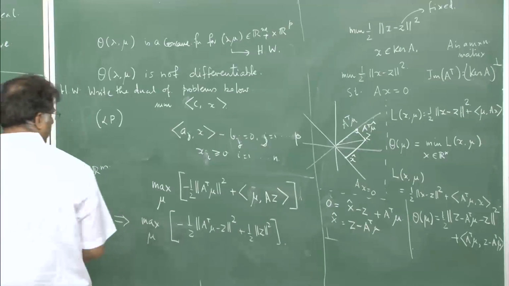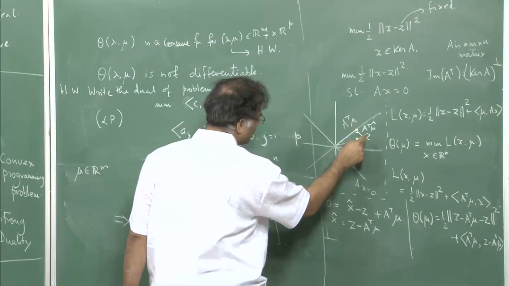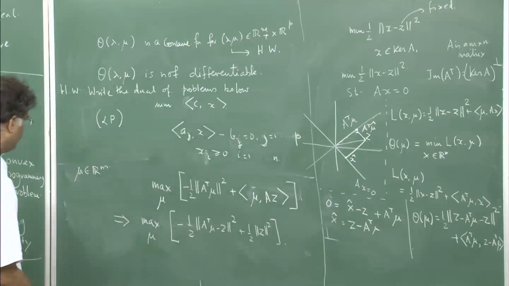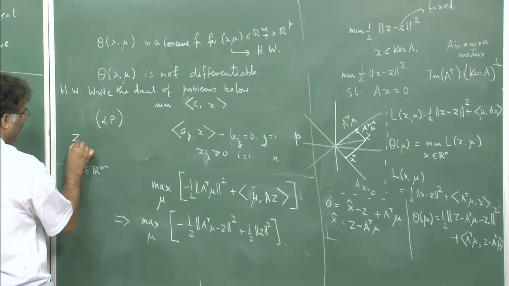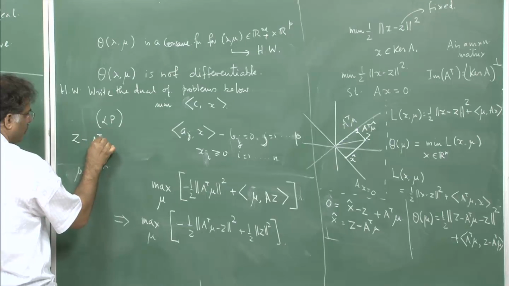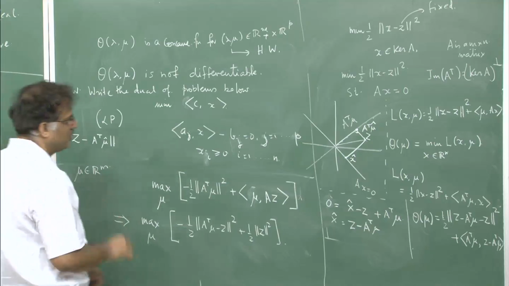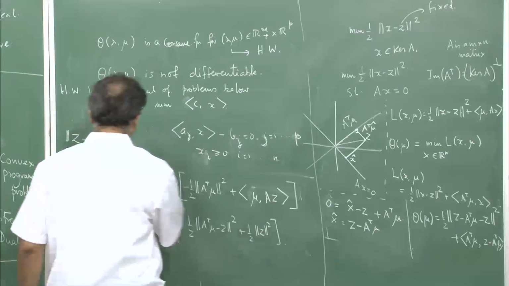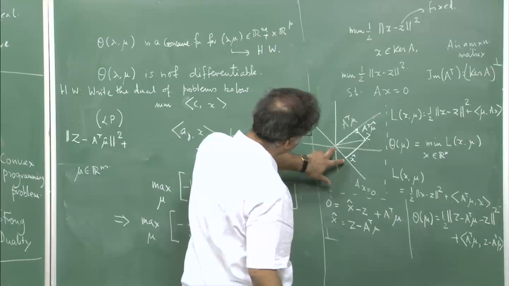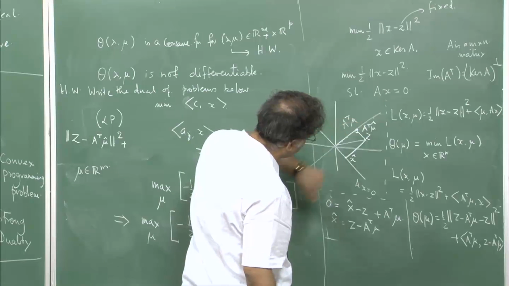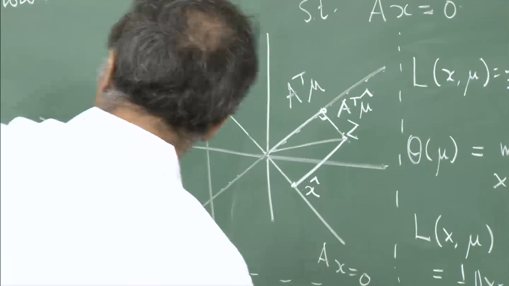So by Pythagoras theorem, the square of this plus the square of this is the norm of this whole square.